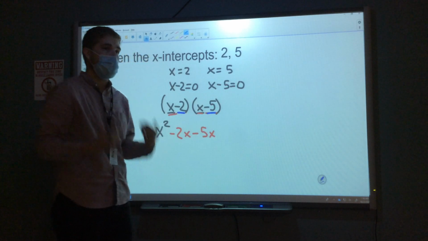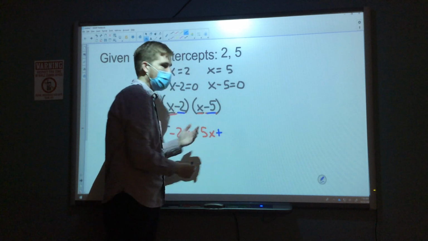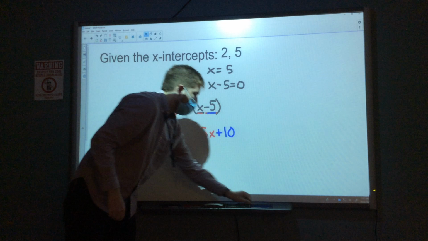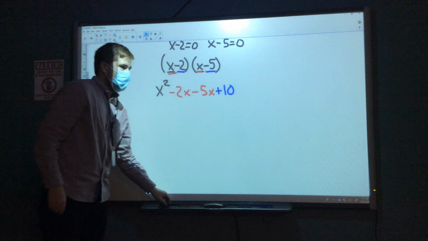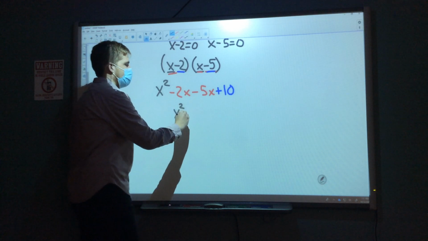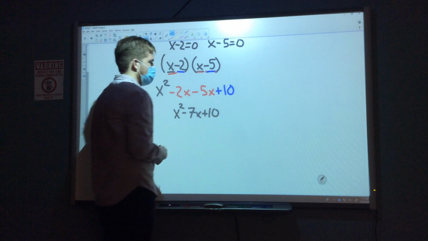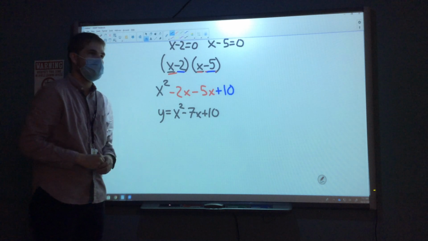Negative times a negative is a positive, so we have a positive 2 times 5 is 10. We can then combine our like terms, giving us x squared minus 7x plus 10. That is the equation for our quadratic.